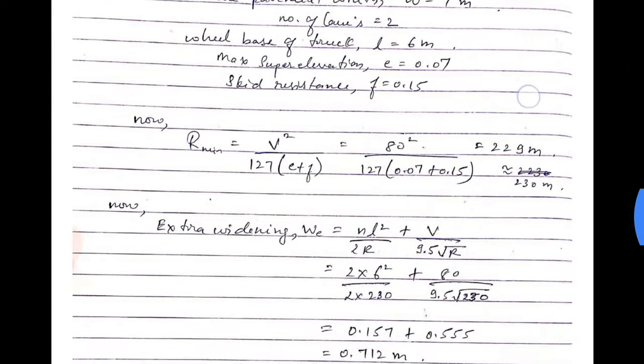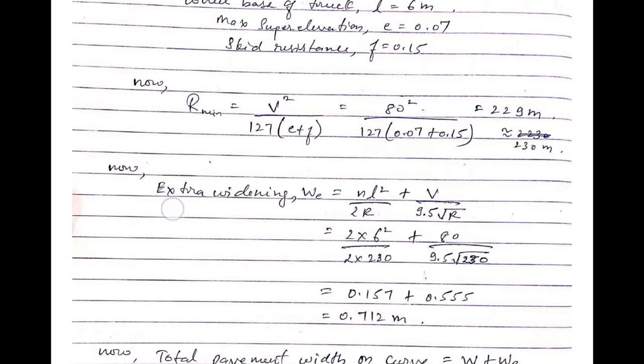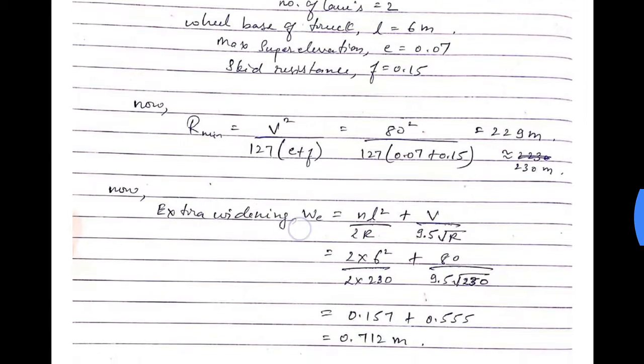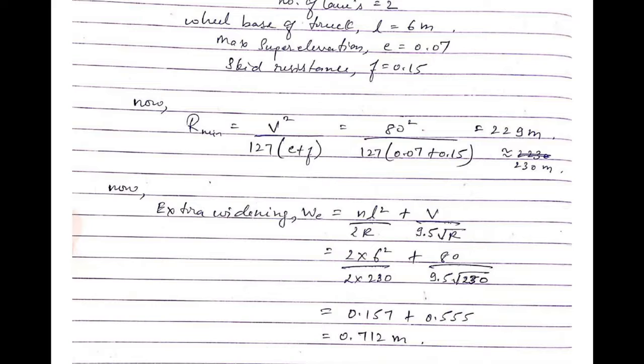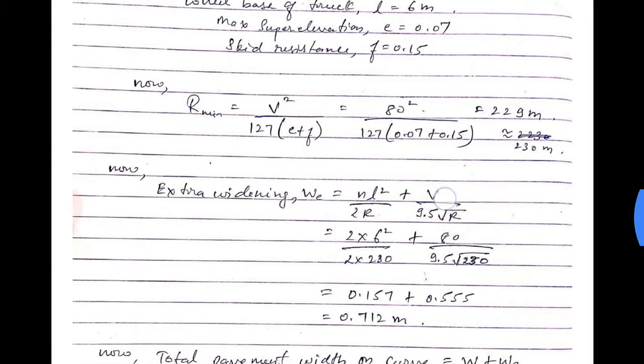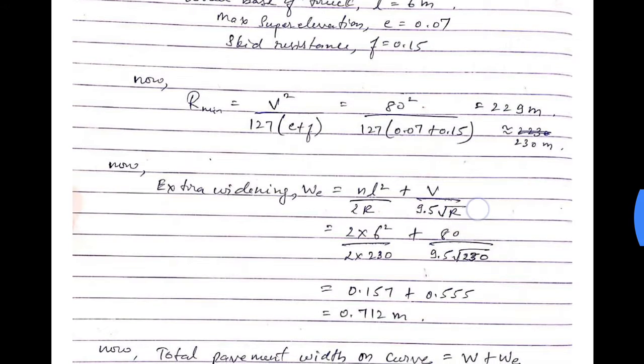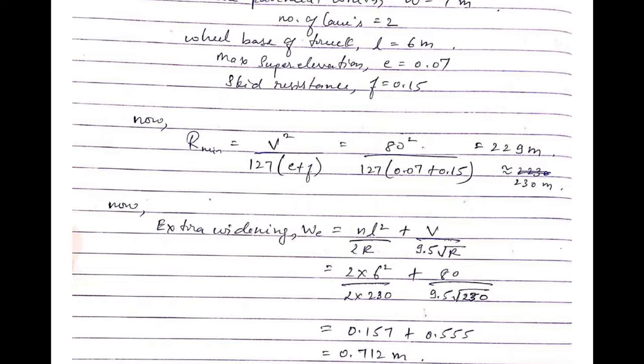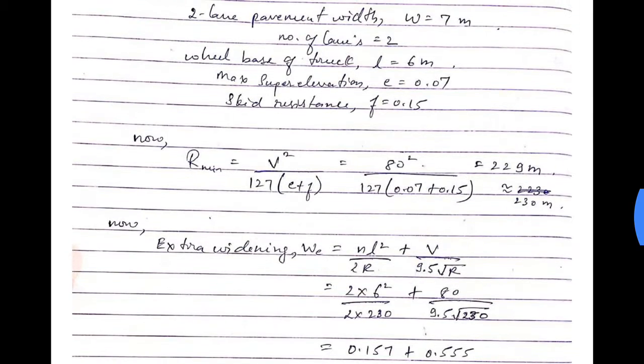So for extra widening, what is the formula? WE equal to NL square divided by 2R plus V by 9.5 root R. Here we don't have the value of radius, so we'll find that out first.